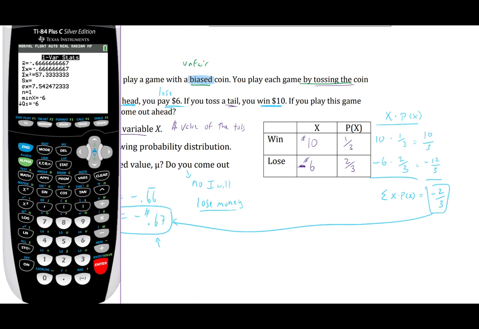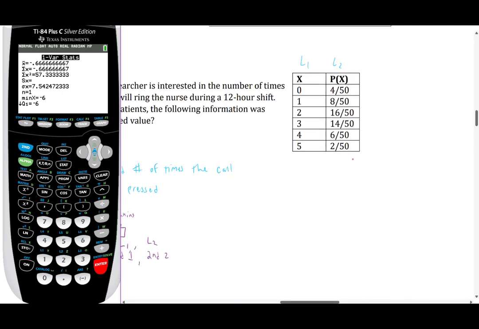One last topic that we should cover here is that the sum of the probabilities must always add up to 1. The sum of p of x should be 1. So in this case, 1/3 plus 2/3 is 1. Did not show this with the previous one, but if we add up all of these probabilities, the sum of the probabilities for a probability distribution should always be 1.